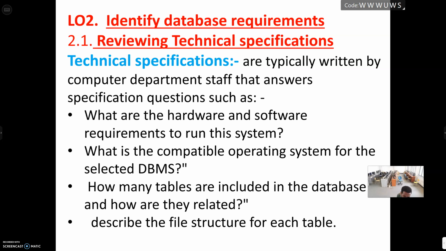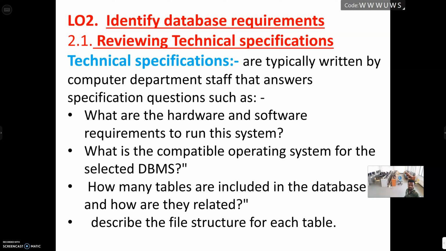The next question is what is the compatible operating system for the selected database management system, meaning which operating system is best for the selected database application programs. How many tables are included in the database and how are they related?